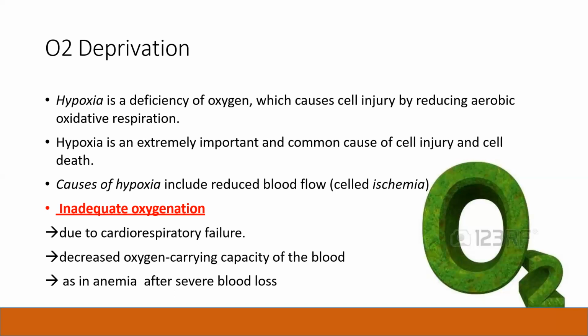What is aerobic oxidative respiration? The aerobic oxidative respiration is an aerobic reaction of the cell. Okay. So hypoxia is an extremely important and common cause of the cell injury and cell death.